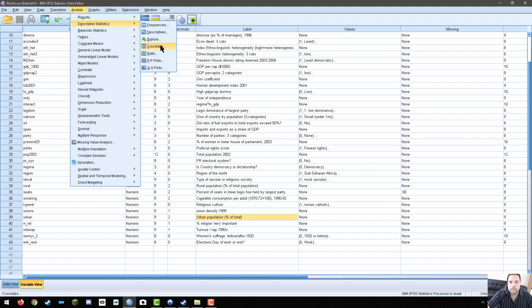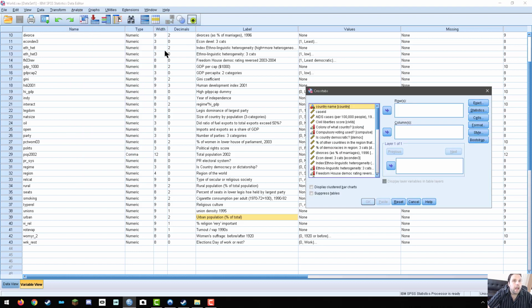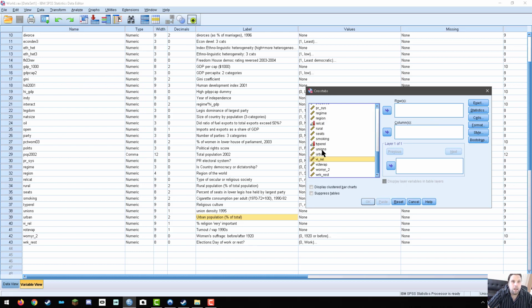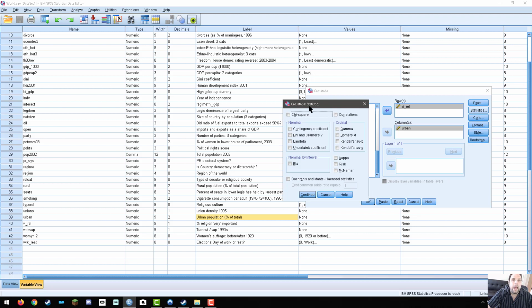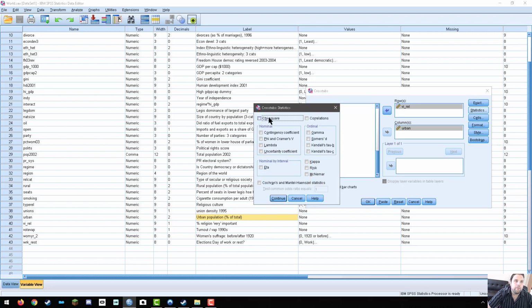Then we're going to take our independent variable, stick that in the column, so our percentage of the population that's urban is our independent variable. Religiosity, which is vi_rel, is going to be our dependent variable that we stick in the rows, and then we click the statistics tab.